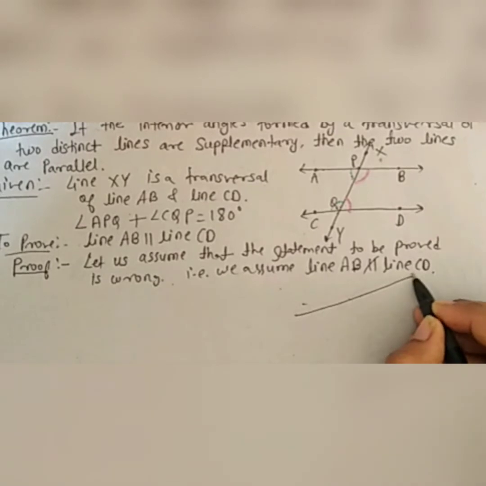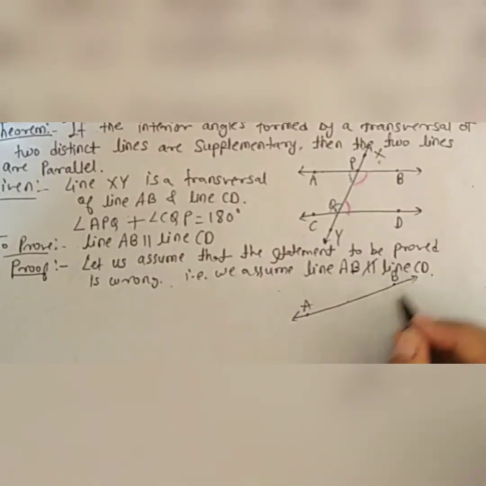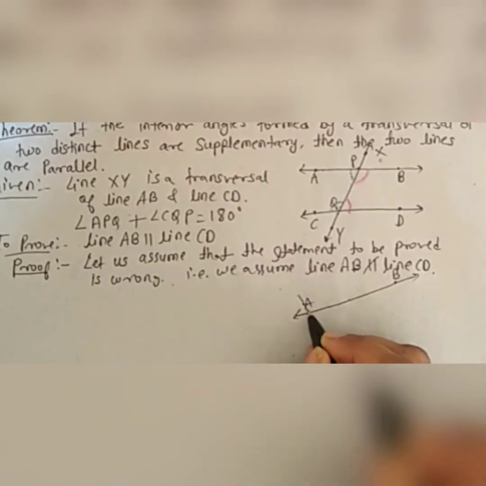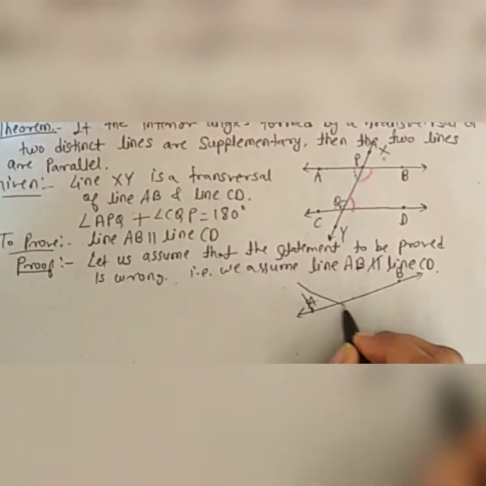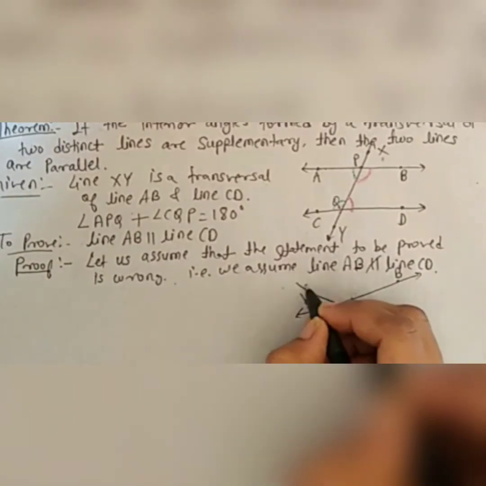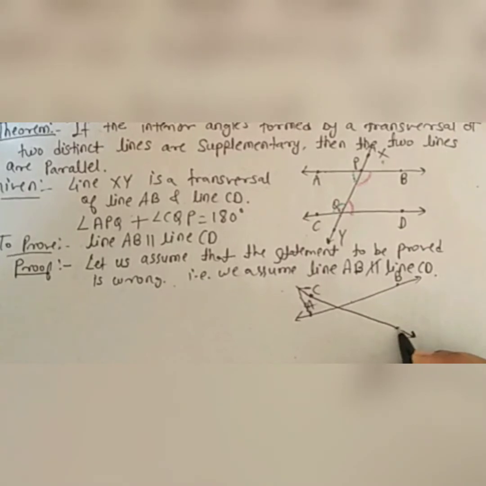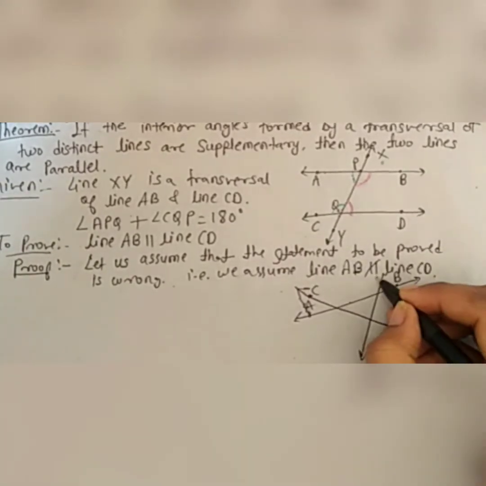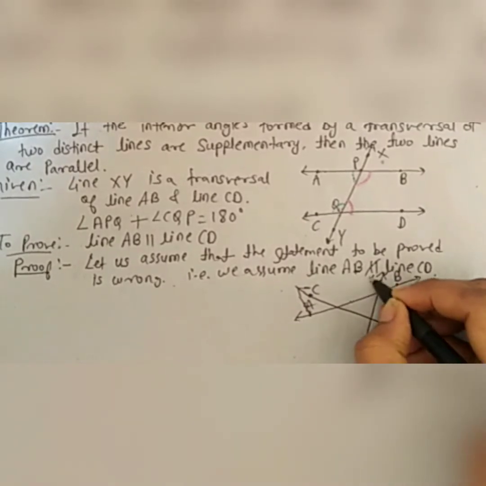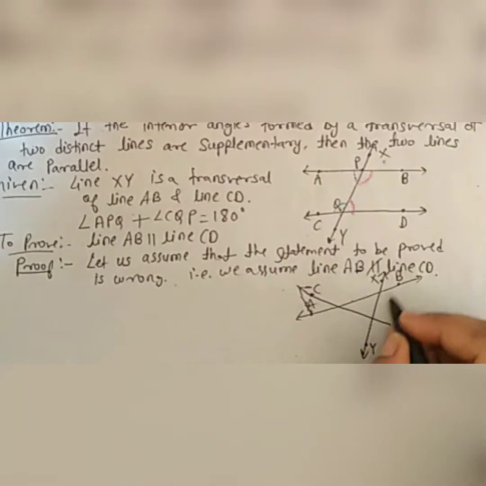Suppose this is our line AB and this is our line CD, and there is a transversal line. This is our line XY. First we write what is given in this.